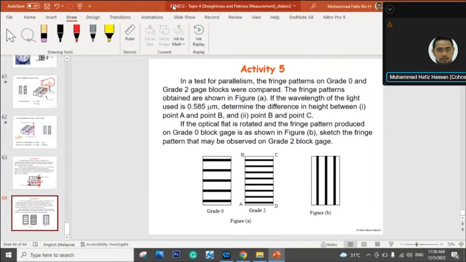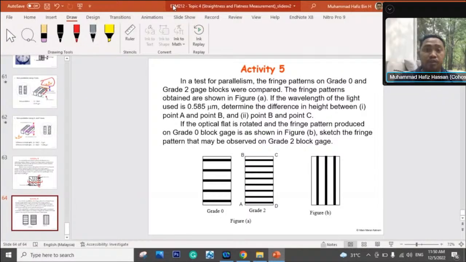If not, you have to justify why. Since they have the same fringe, they have no difference. If the optical flat is rotated, the fringe pattern produced on the grade 0 block is as shown in figure B, rotated 90 degrees. Sketch the fringe pattern that may be observed on the grade 2 gauge block.